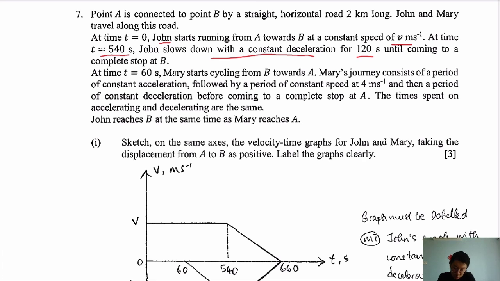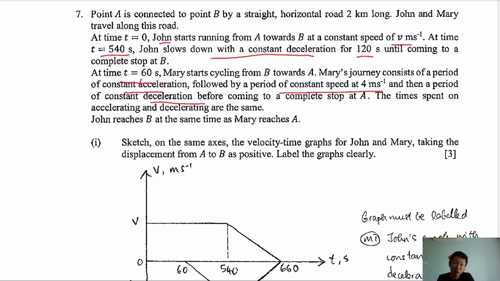For the other person, Mary starts at t equal to 60 second. She travels with acceleration followed by a constant speed, which is 4, and then deceleration before coming to a complete stop.